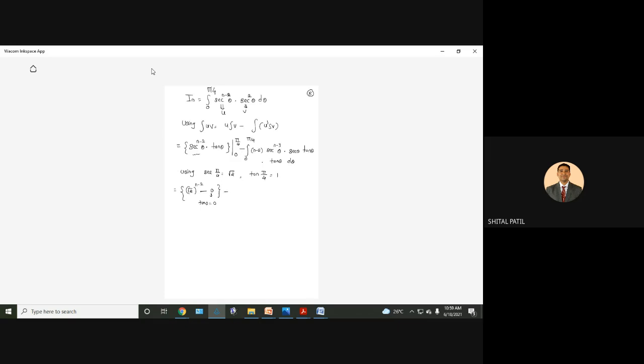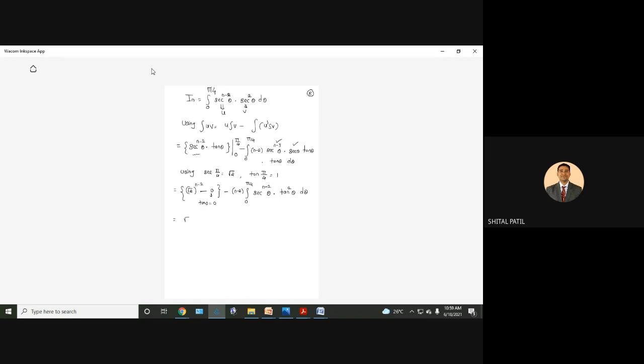Therefore minus of, now I am writing the integral terms. So n minus 2 I am taking outside, then integration from 0 to pi by 4 sec raised to n minus 3 and this is sec raised to 1, so sec raised to n minus 2 theta into tan theta, tan square theta, and then d theta. Hope you might have understood it.